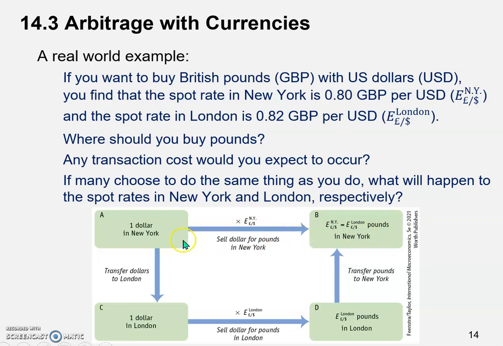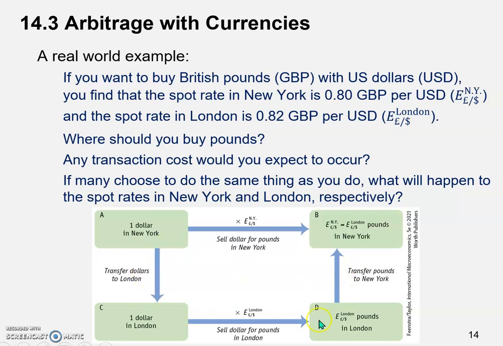You can also take an indirect path to do this. As we said, you can wire the dollar to London, going from box A to box C, and in London you sell dollars for pounds based upon this rate, 0.82. Once you get your pounds, you wire them back to New York.